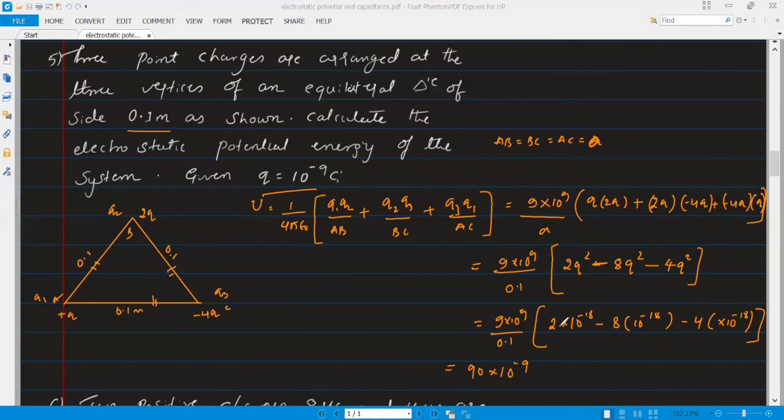Now the remaining terms: 2, 8, 4, minus 4 is minus 12, minus 12 plus 2 is minus 10. So this is going to be minus 900 into 10 to the power of minus 9 joule. So this is your final answer.